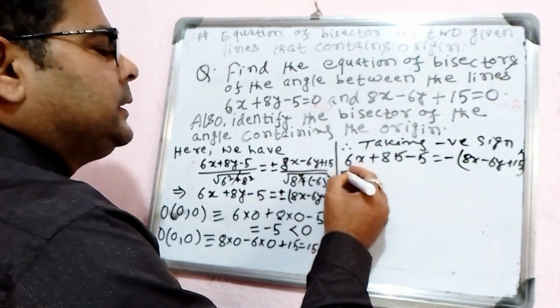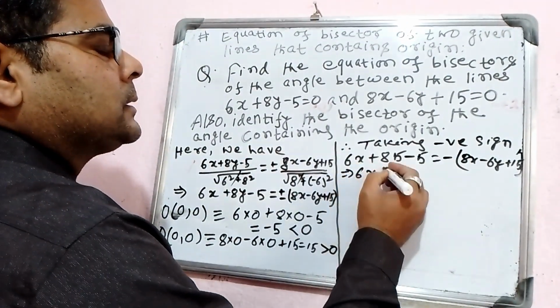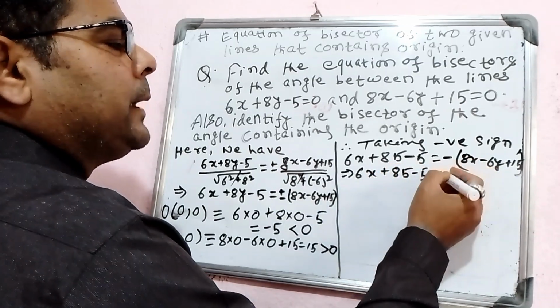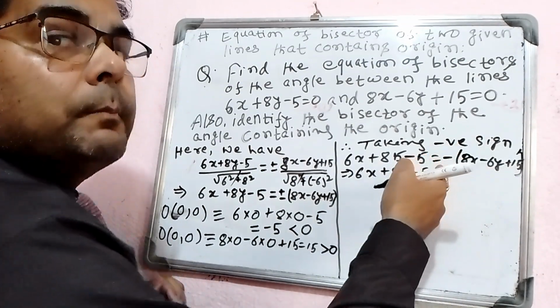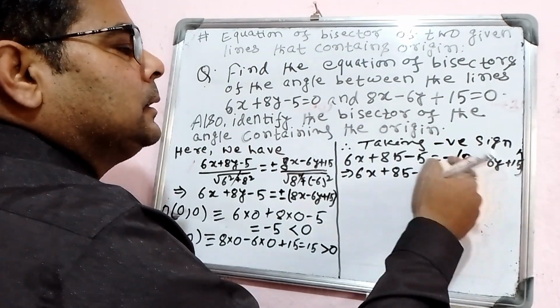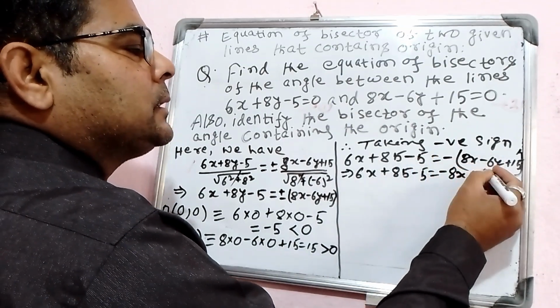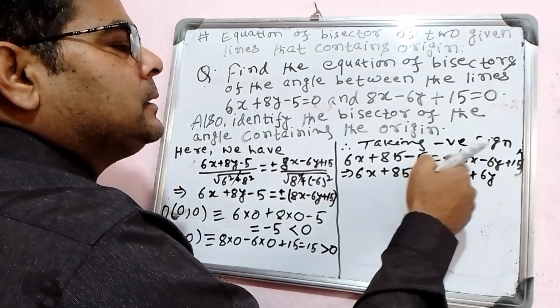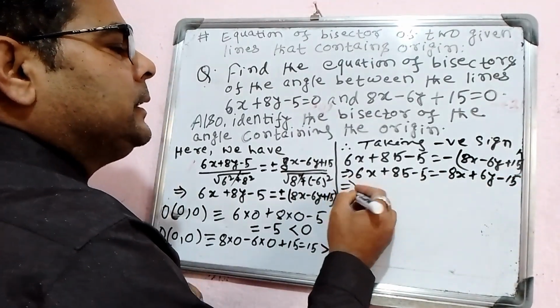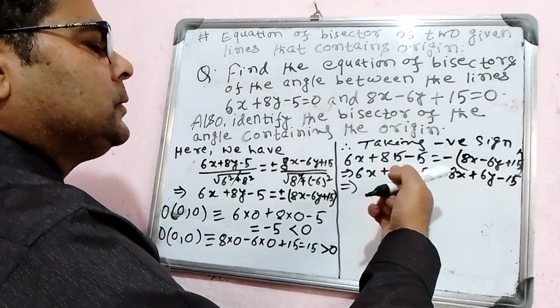And now solve it. It is 6x plus 8y minus 5. Now open the bracket. When it is multiplied with the negative sign, it is minus 8x, minus times minus is plus 6y, and then minus times plus is minus 15. Now let's solve it. Transpose all these towards the left side.